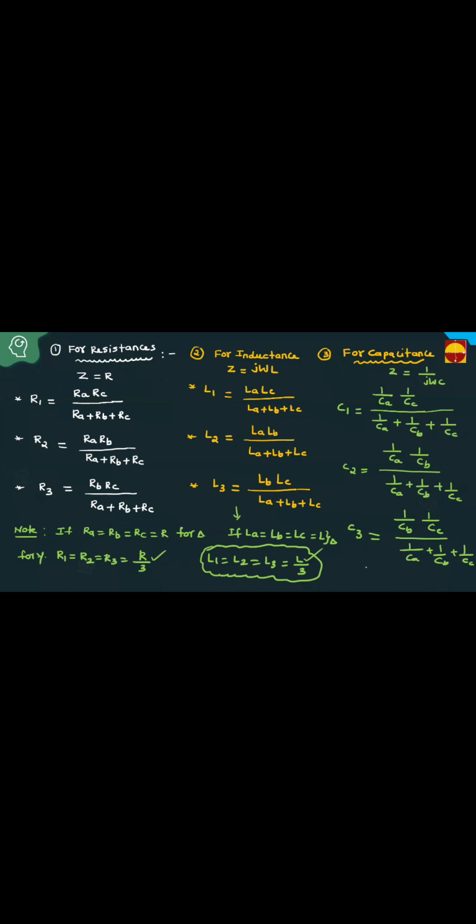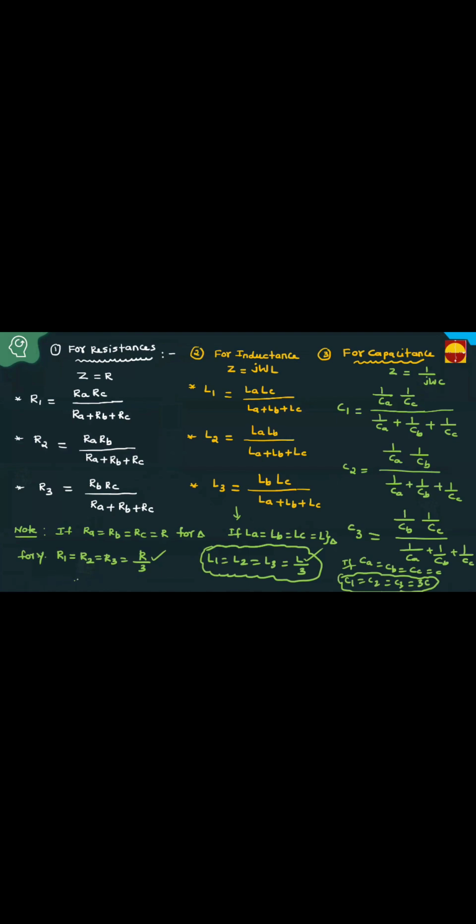But what about the capacitance? If CA equal to CB equal to CC equal to C, then C1 equal to C2 equal to C3 equal to 3C. It becomes 3 times. In delta to star conversion, resistance and inductance are reduced by 3 times, but capacitance is increased by 3 times.